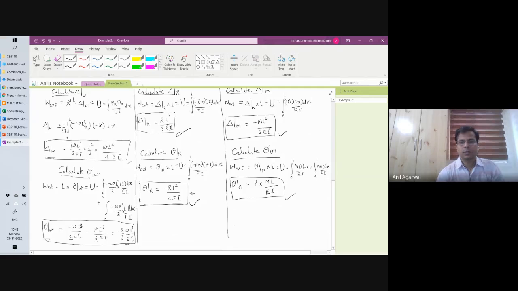You remember that equation? This was my flexibility matrix multiplied by R and M, equal to delta and theta because of W.